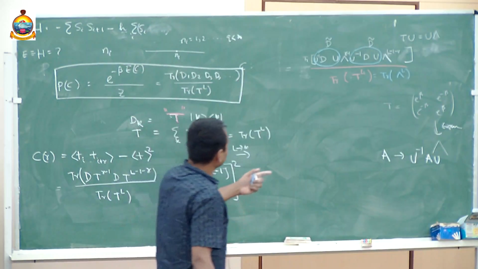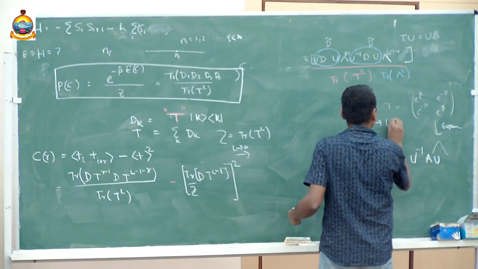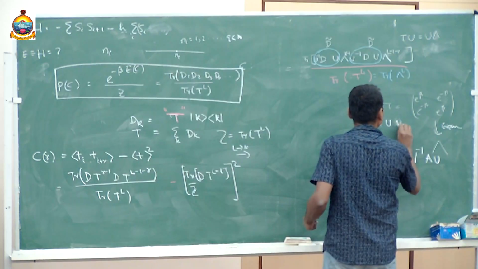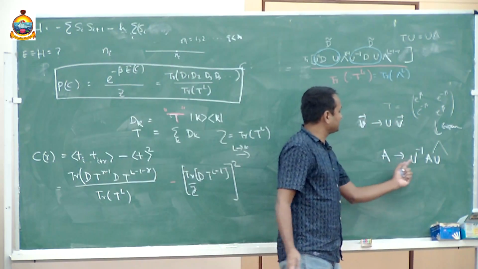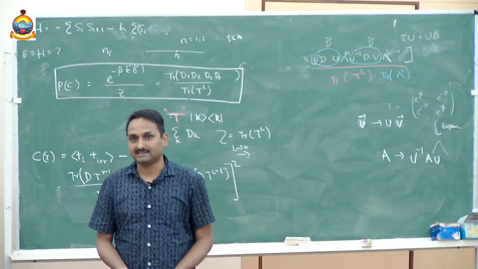When the vectors are transformed, any vector V in the space goes to U times V. If it goes like that, then the operators go as U inverse AU. The operators transform like that.